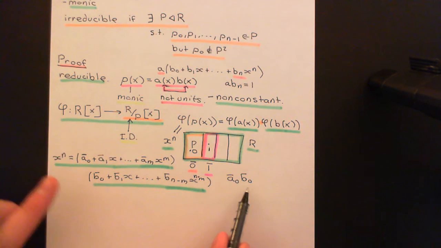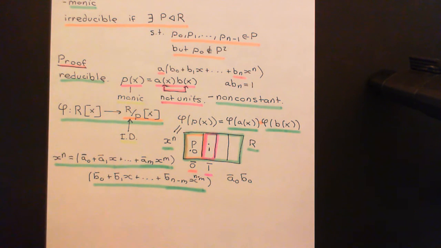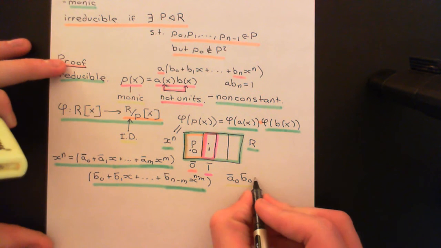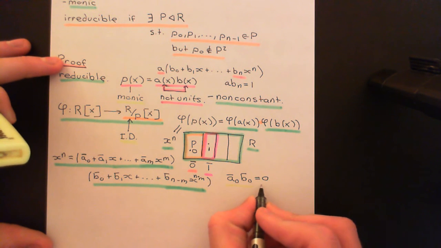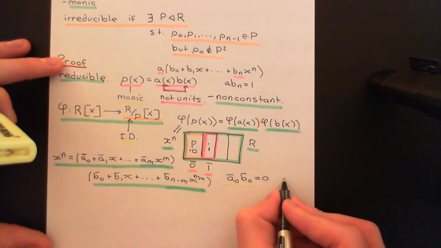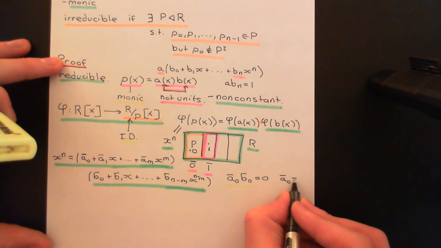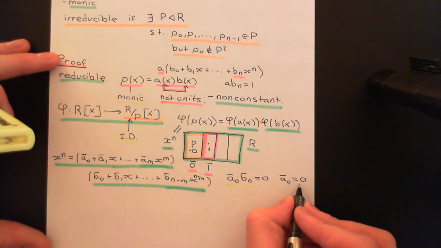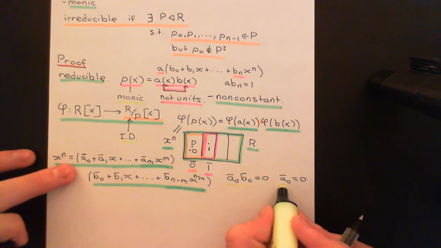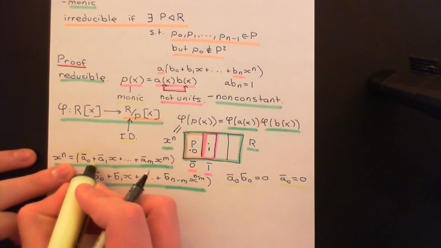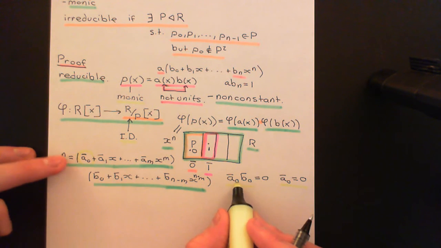Now because you're working in an integral domain, if you've multiplied two things together and got 0, then one of them has to be equal to 0. So that proves that one of them is equal to 0. Let's arbitrarily say that it's a0 bar that's equal to 0.